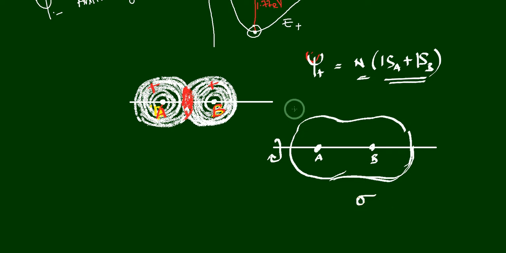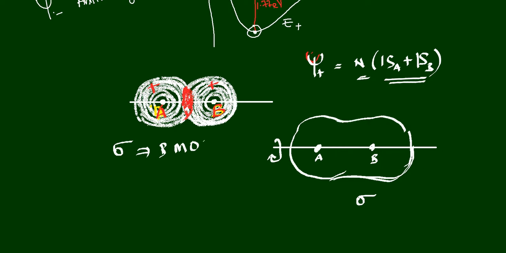So instead of calling this psi plus, I will call this a sigma orbital. And you know that this sigma orbital is a bonding molecular orbital. Here the sigma orbital is the bonding molecular orbital, and it has a cylindrical symmetry also.